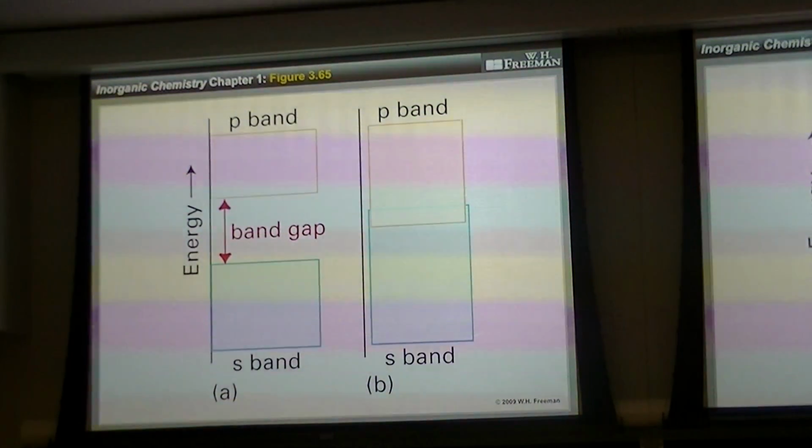If you have a band completely filled, that material will be an insulator. The electrons cannot freely move between the orbitals. They are stuck in those positions. So then the material cannot conduct electricity.